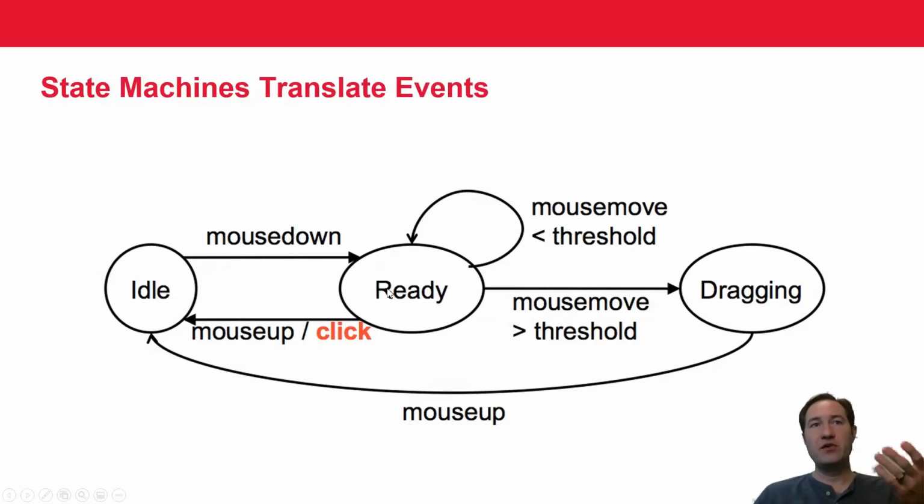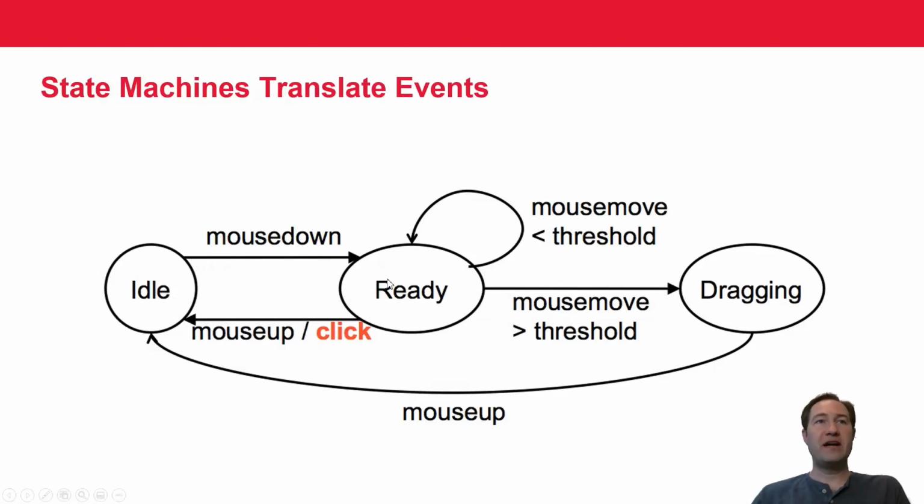So this mouse down event goes into a queue and it gets time-stamped. When the event handler examines this, it can look for two events that would happen afterwards. If the mouse down is then followed by a mouse up, down, up, then that's going to be interpreted and translated as a click event.